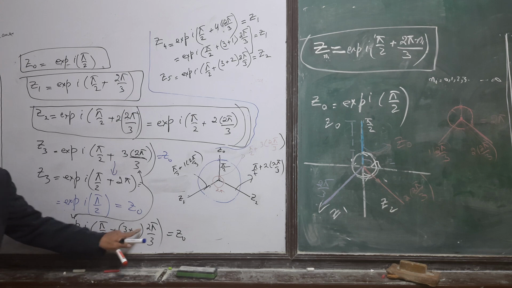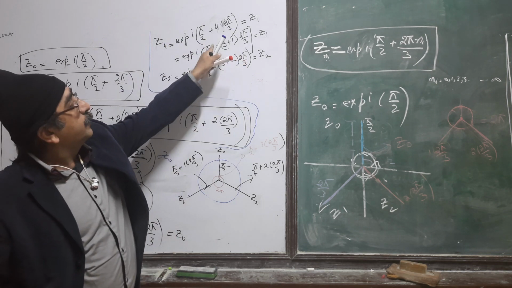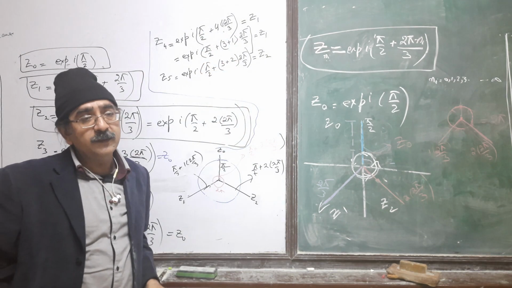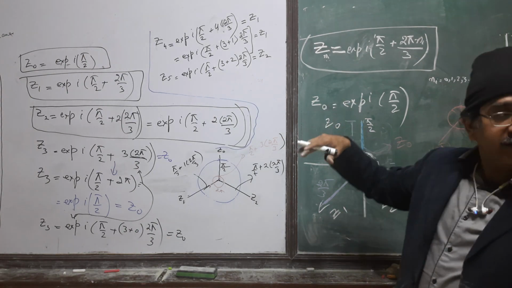So if here is 0, then that will be 0. So that will be repeated in this way. Means if we write it in this form, that will be repeated. So similarly, every component will be repeated.